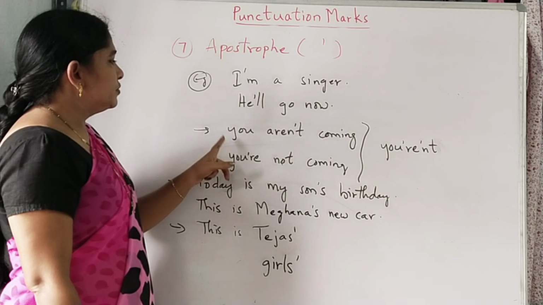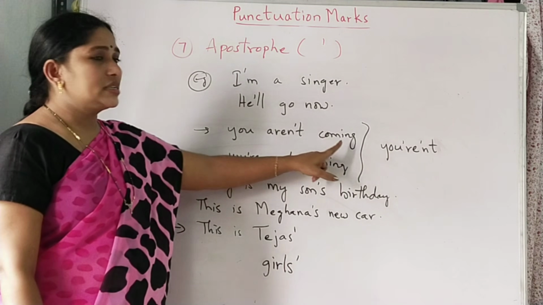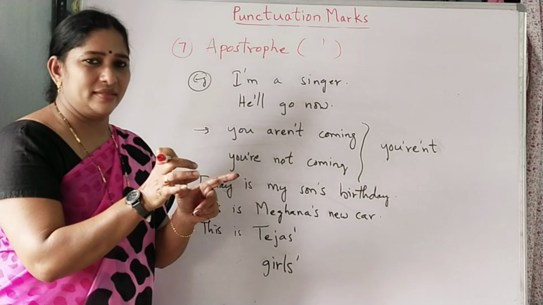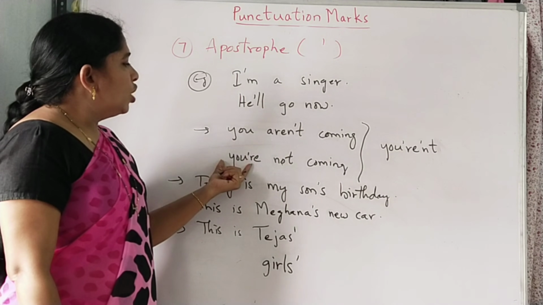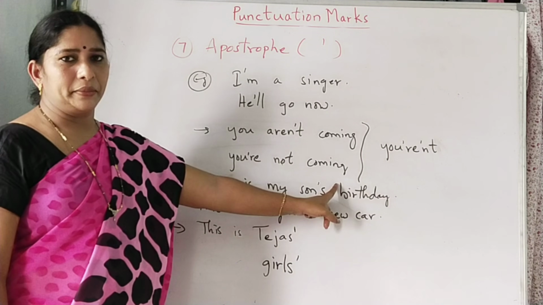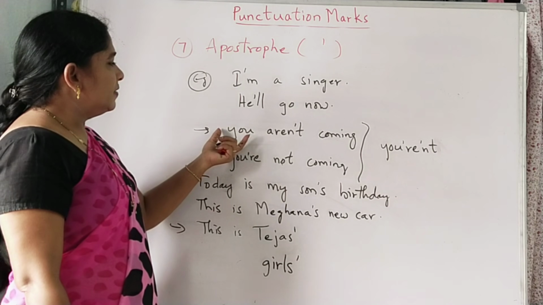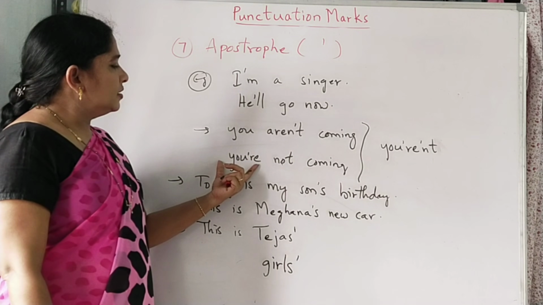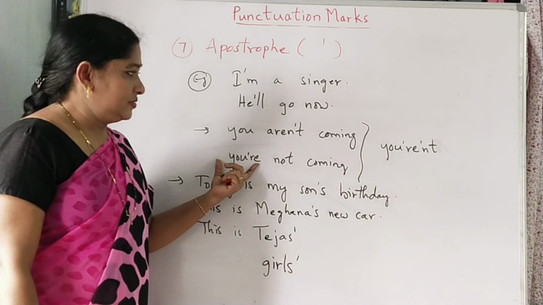And in the second situation, if you see, you aren't coming: are not, aren't, contracted. You are not coming, you are not coming. Got it? And here we made it together, are not, aren't. Here you are.